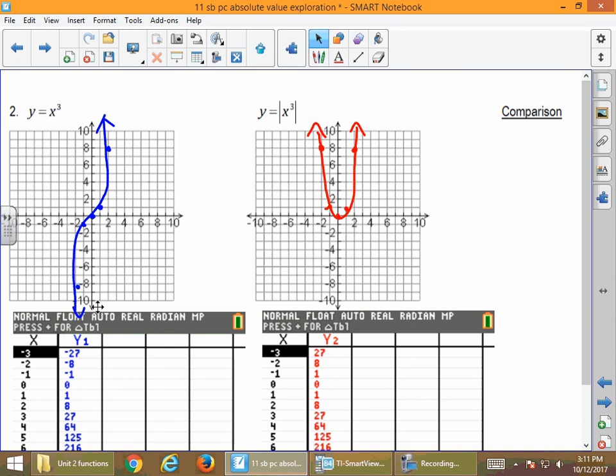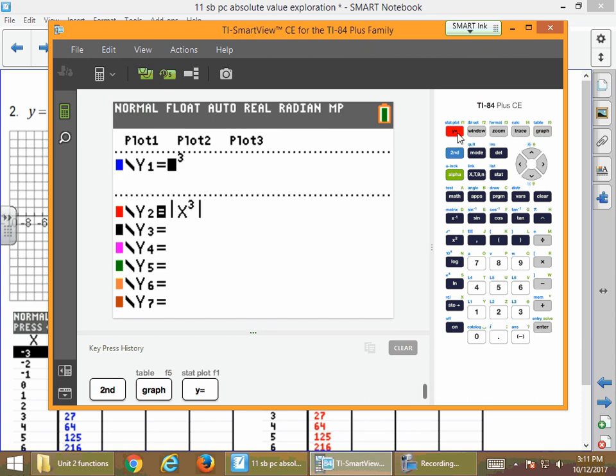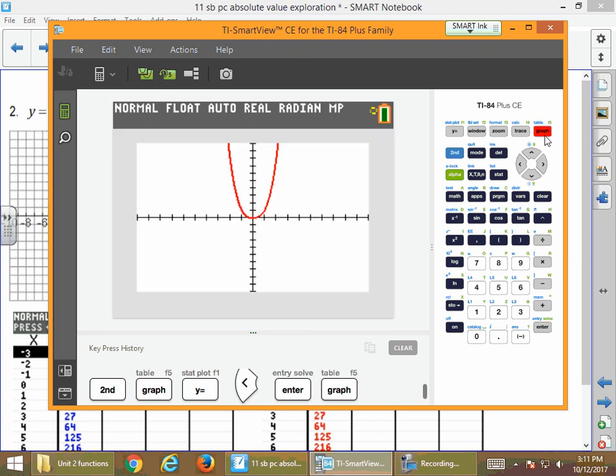Well, if we put these together on the calculator, in other words, if we graph them both on the same screen here, so I'm going to turn back on this first graph. The blue graph is the original y equals x cubed function.